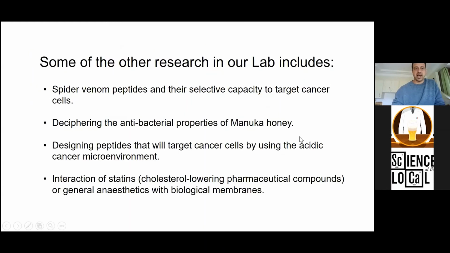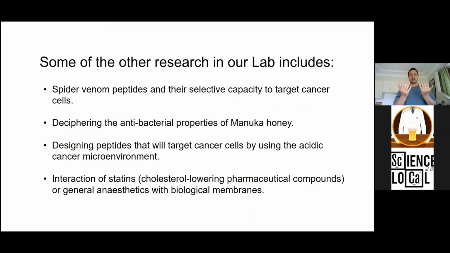So what else is our lab doing? Well, we look at spider venom peptides, and we look at their capacity to target cancer cells. So this is something Evelyn's doing. Cancer cells have a lot of a particular lipid called phosphatidylserine in them. And she's looking at peptides that target the phosphatidylserine lipids only, which is quite exciting.